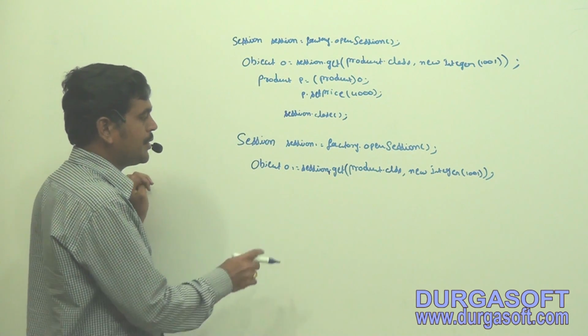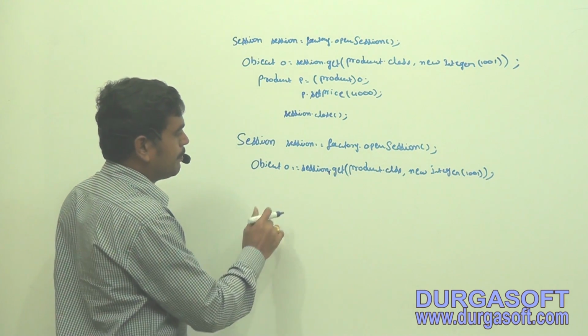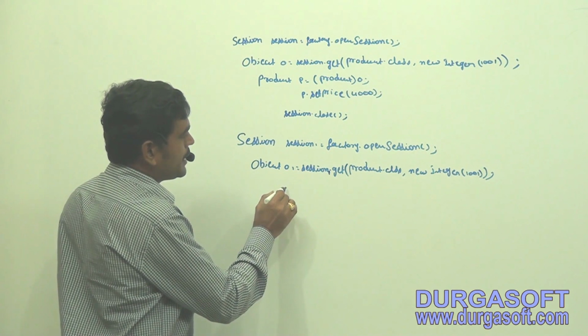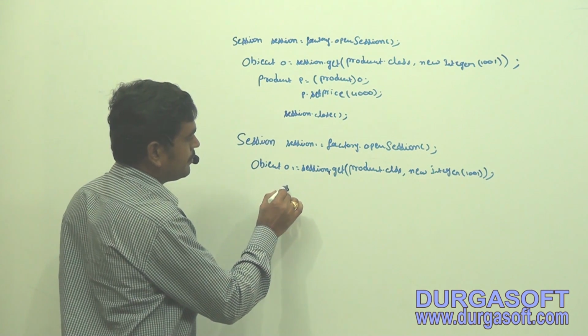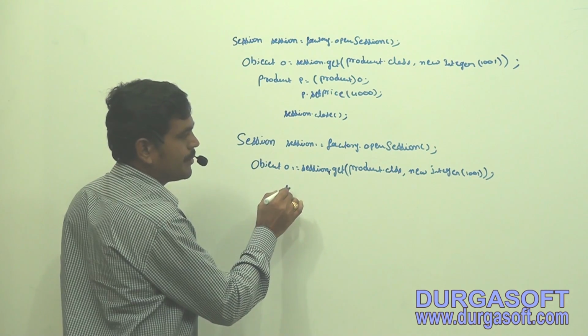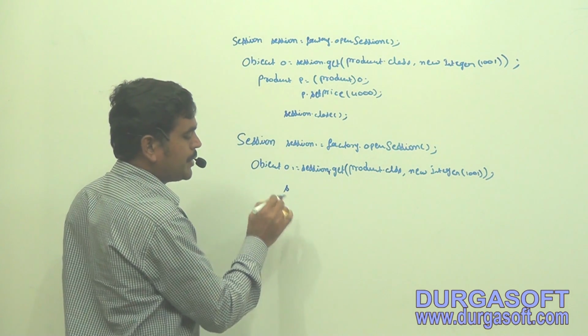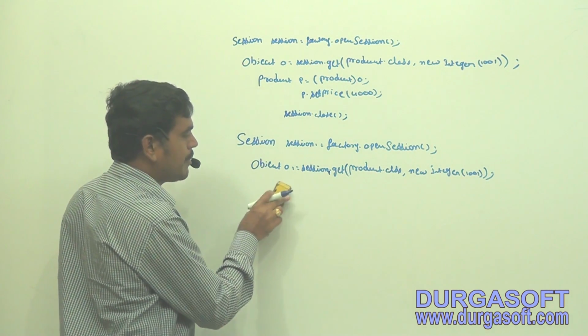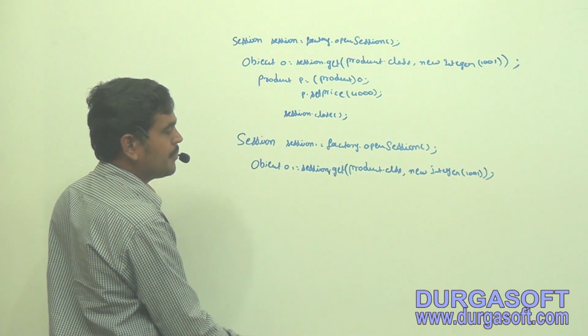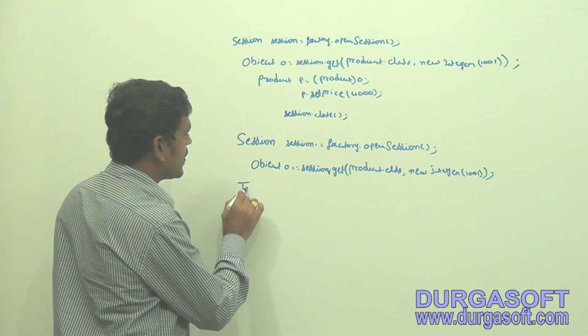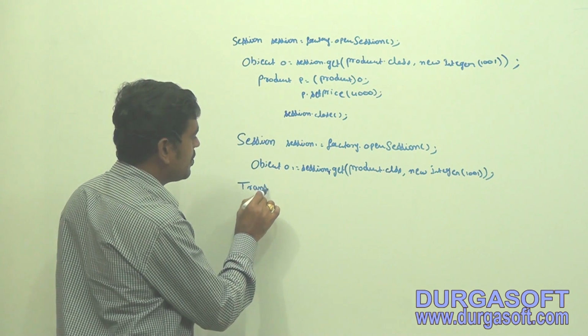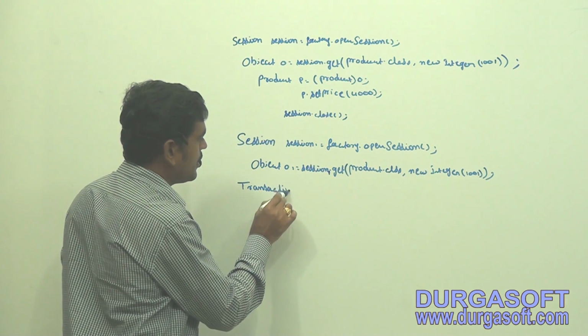After that what I am going to do here, session1 dot, before giving session1 dot update or merge, what do we have to take? Transaction, right? This is what? DML operation.